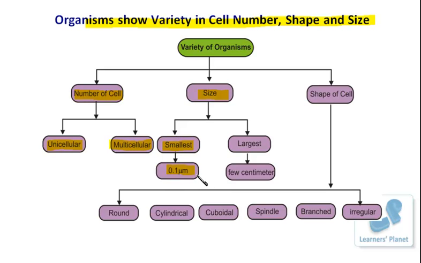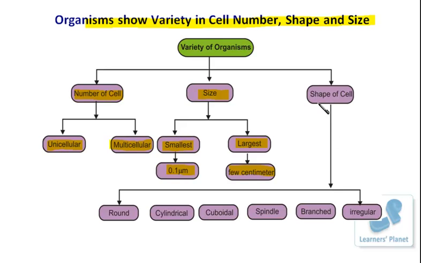It is 10 to the power 6 microns that make a single meter, 1 meter, right? So this is the unit, just 0.1 micrometer. Then the largest size that is observed is up to a few centimeters. As I gave you the example of the egg of a hen, which we can observe with the naked eye also, right?